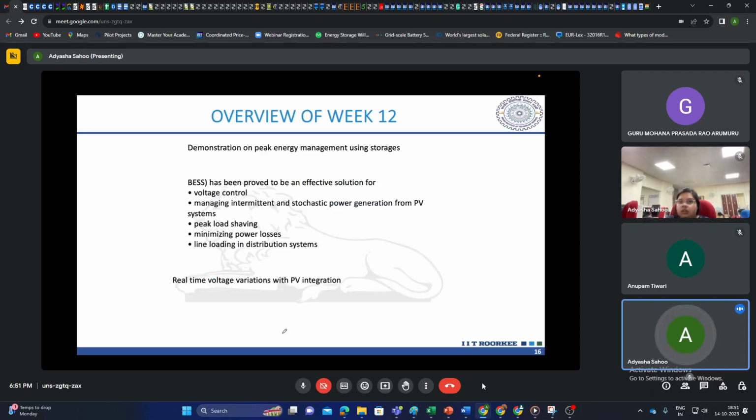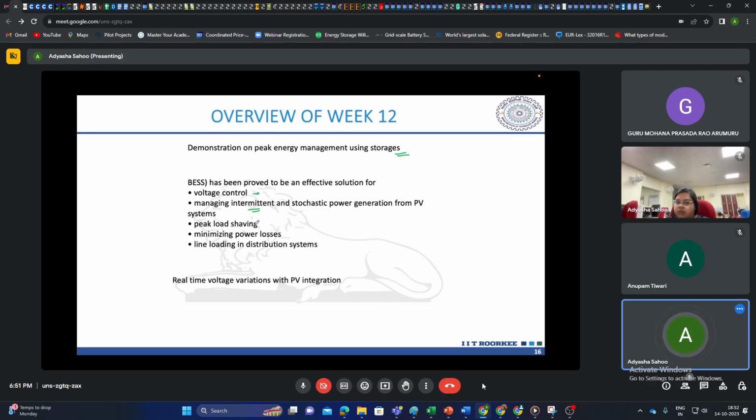So for that, we need the storage systems to basically manage these peaks. So this battery energy storage system is an effective solution for voltage control and managing the intermittent renewable energy resources.